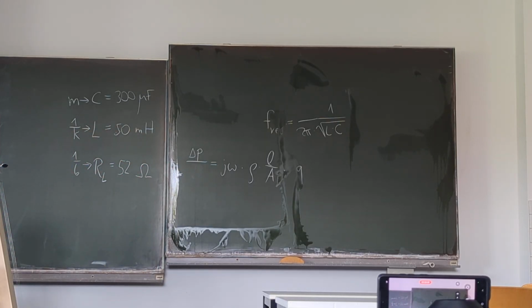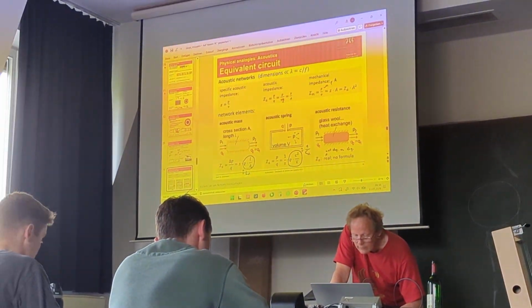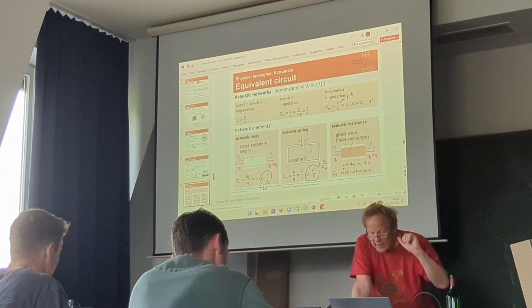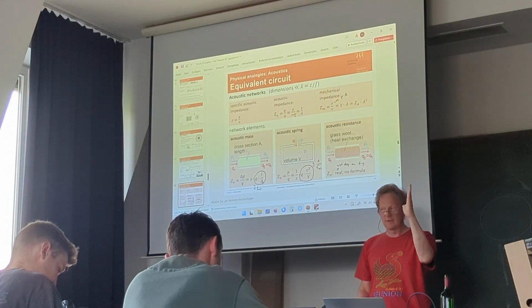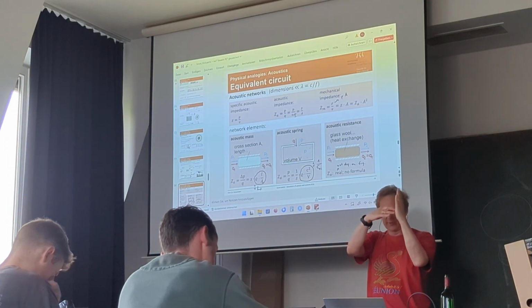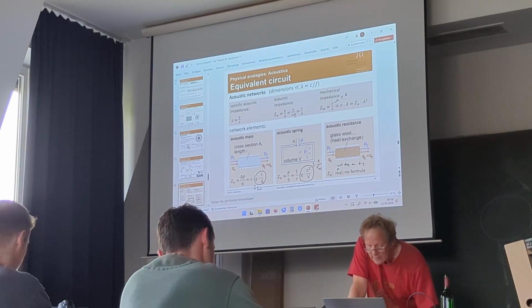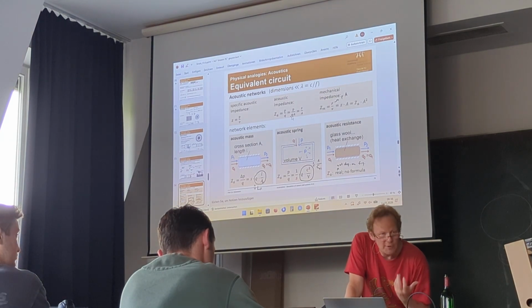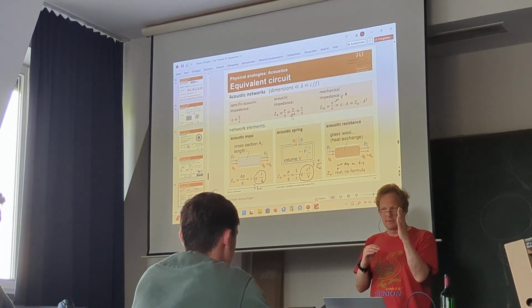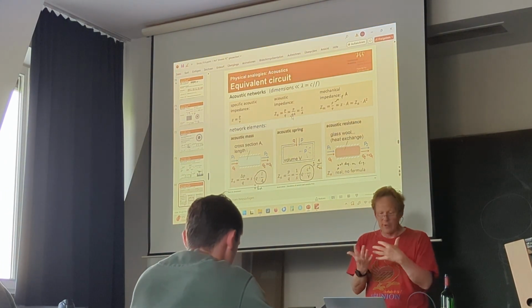There's a formula for this Q. You can also say if you have this package and it passes through a cross-section area, then we have a certain velocity of the air particles which are connected with this volume flux.